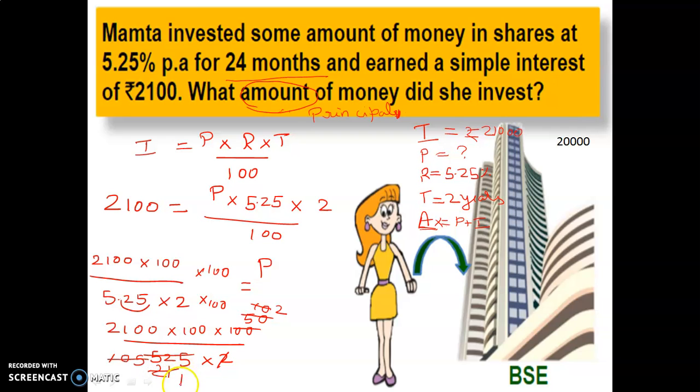Now see here, 12 1s are 21, 12 1s are 1200. So what is remaining here? I have 100 into 100 into 2. So what is the final multiplied answer? 2, 1, 2, 3, 4 zeros. So it is 20,000. So how much amount did Mamta invest in shares? She invested rupees 20,000. Is it clear, my dear children?